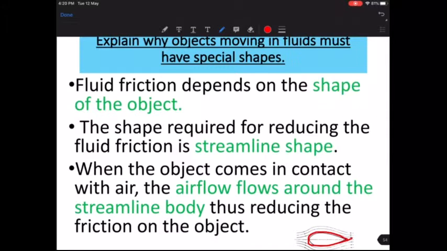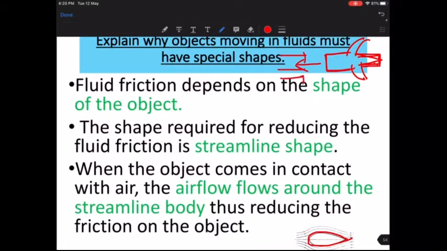Okay? And suppose, I told you in the previous classes, suppose you have a square shaped object and let's say we attach some wings here and it is moving in this direction. Okay, let me make it proper square only. Suppose it is moving in this direction. So whatever air is coming from the front, this entire square area is actually open.